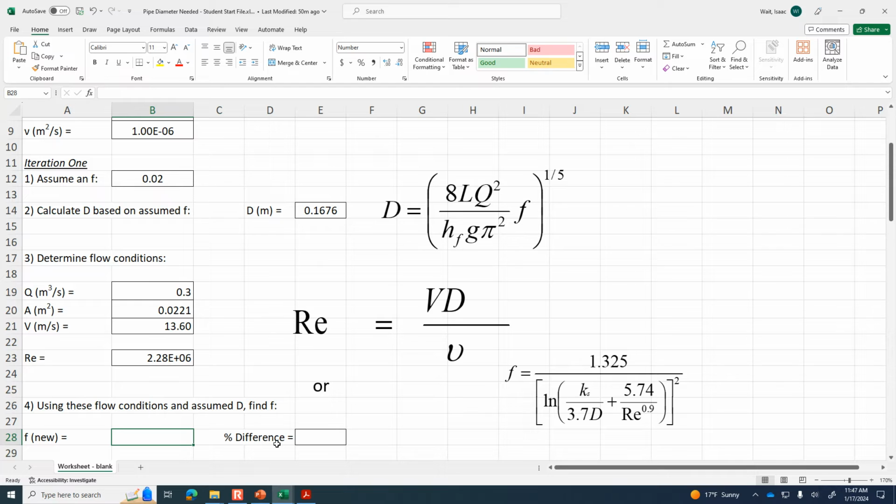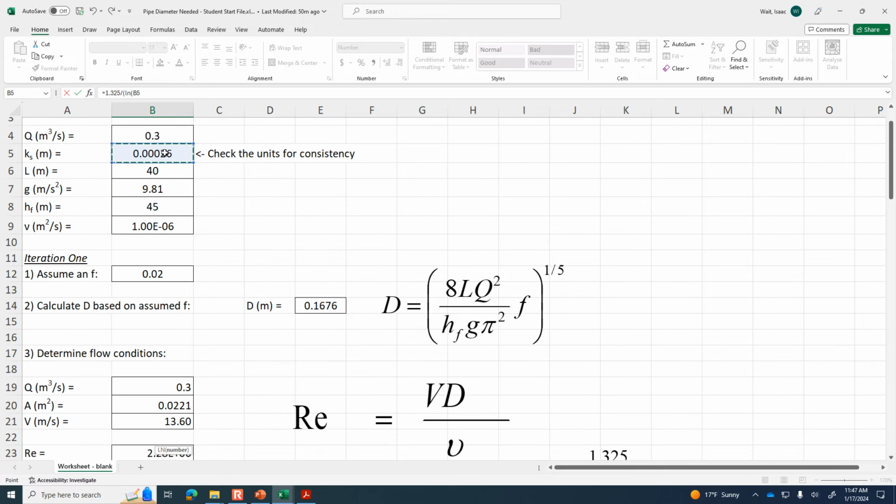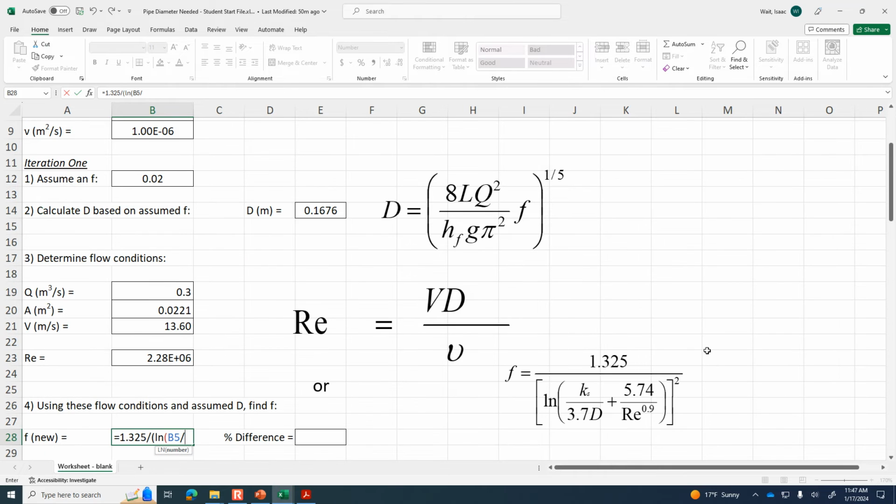So the new F value is 1.325 divided by the ln of k sub s divided by 3.7 divided by d, plus 5.74 divided by the Reynolds number to the power of 0.9. And then all of that is squared.